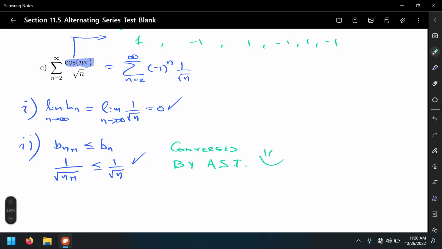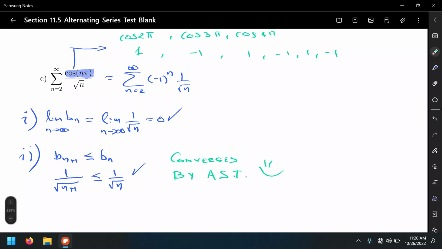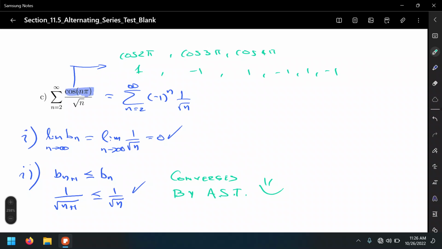Yes. Can you explain what the cosine is? Yes. Cosine or sine typically bounds between -1 and 1. So what I did here is to focus only on the numerator and expand some of the terms of the sequence only for the numerator, so we can see this pattern: 1, -1, 1, -1, etc. So starting at n equals 2, cosine of n pi, which is cosine of 2 pi, that's 1.